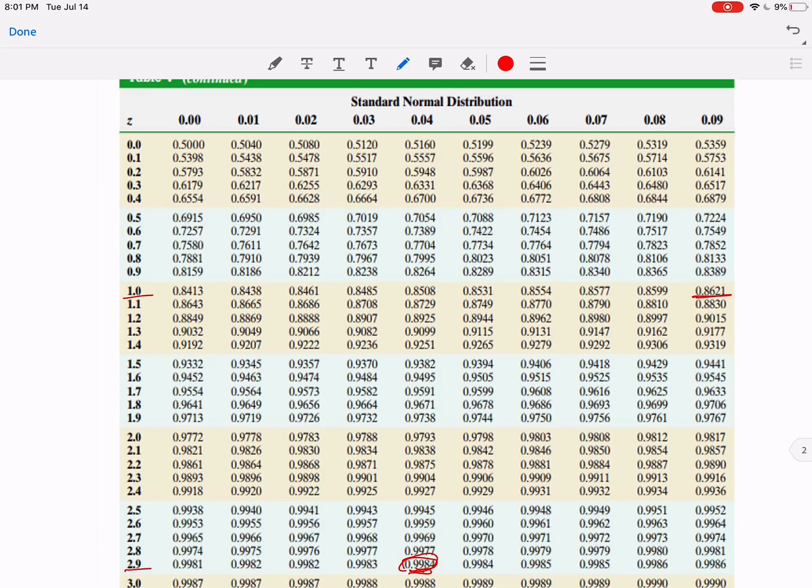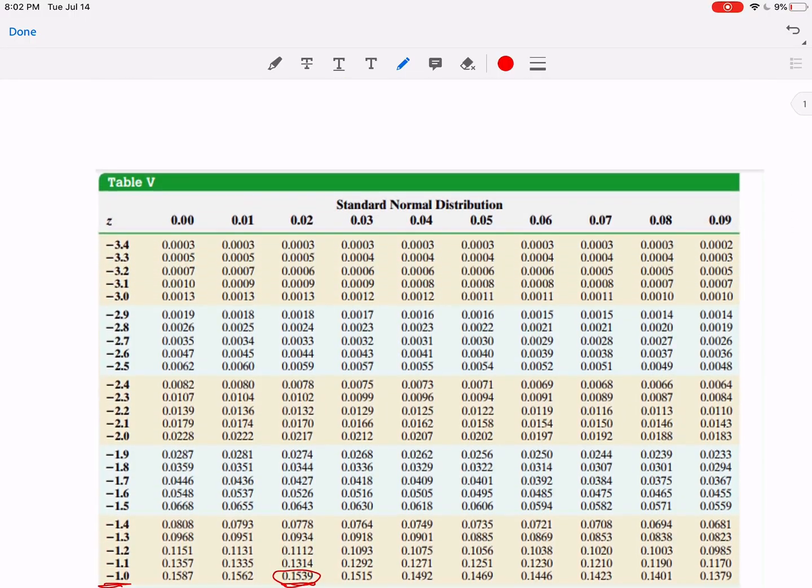So the area to the left of 1.09 is 0.8621. So once again, the area to the left of z equal to 1.09 is 0.8621.